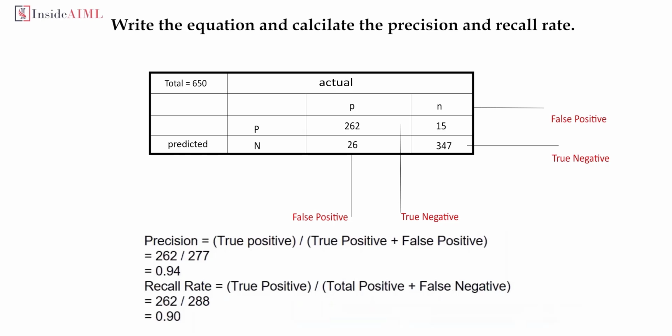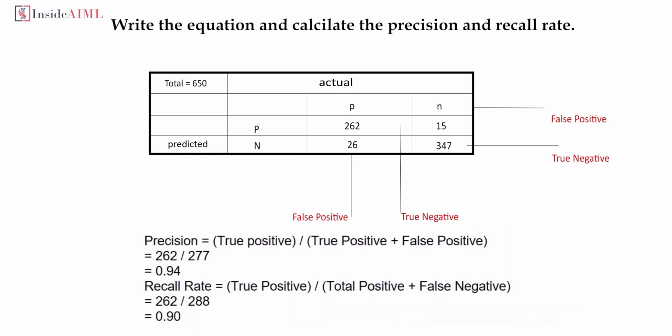Now, recall has the formula of true positive divided by true positive plus false negative. So recall is the ratio of all the true positive answers divided by all the actually true answers. So the precision formula will be true positive divided by true positive plus false positive. And the recall rate will be true positive divided by true positive plus false negative.